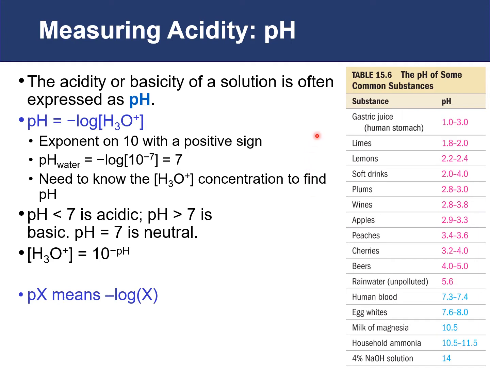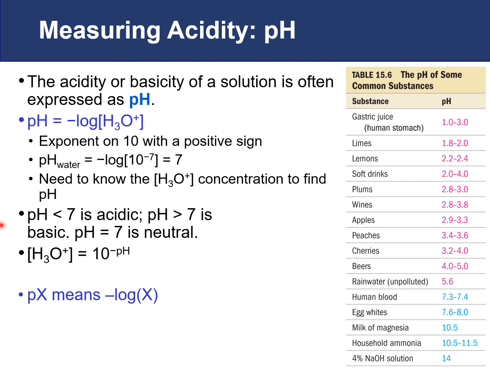Things like limes and lemons, which are very sour, have fairly low pH. The pH value of limes is 1.8 to 2.0, and for lemons it's 2.2 to 2.4. So the concentration of the hydronium ions in each is, for limes, 10 to the negative 1.8 to 10 to the negative 2.0, and for lemons it would be 10 to the negative 2.2 to 10 to the negative 2.4.